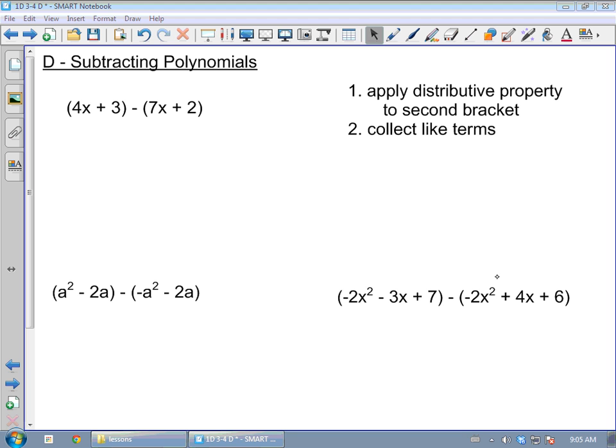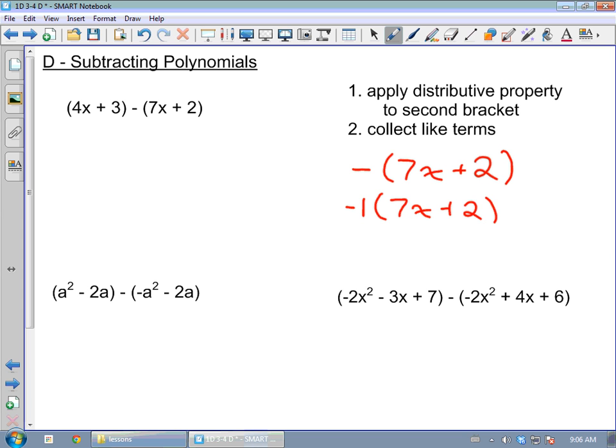And we said that if we saw something like negative (7x plus 2), we didn't see a number out front, so we thought of this as negative 1 times (7x plus 2). And then we could apply the distributive property. We could take this negative 1, multiply it by the 7x to get negative 7x, and take the negative 1, multiply it by the positive 2 to get negative 2.